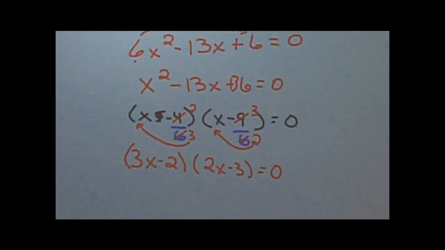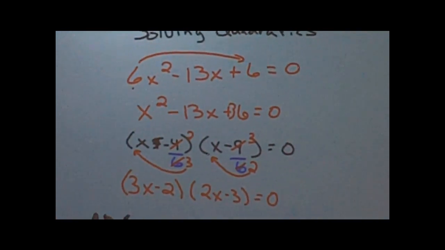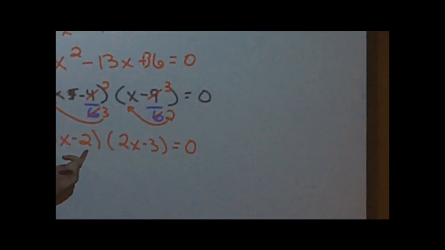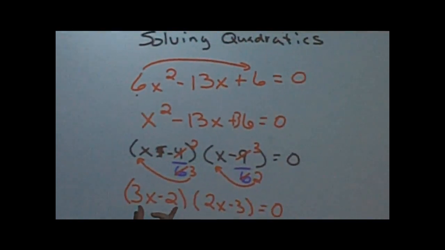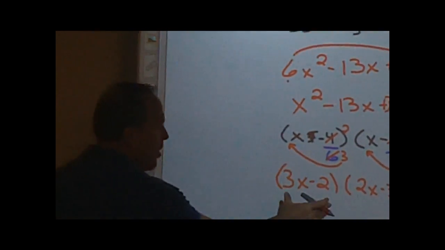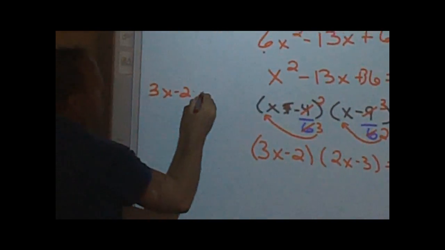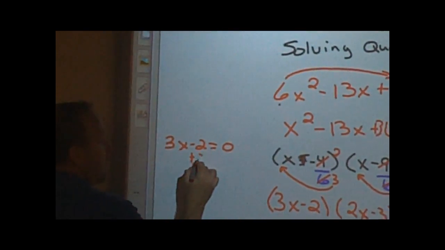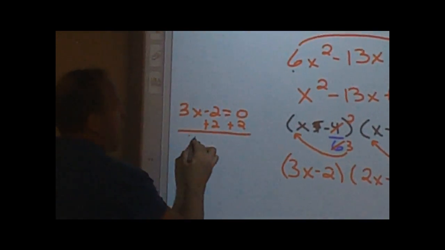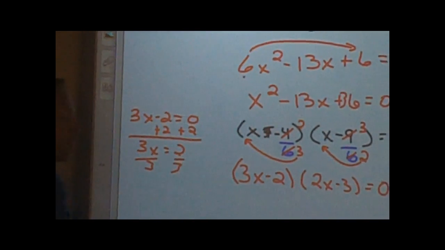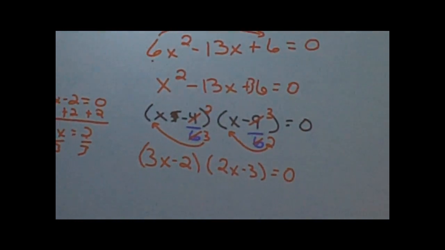Here's a little clue for solving things mentally. Whenever you have a number in front of x, you can tell you're going to get a fraction. If you set this equal to 0, I add the 2 to both sides, 3x equals 2, and I divide by 3, which gives me a positive 2/3.